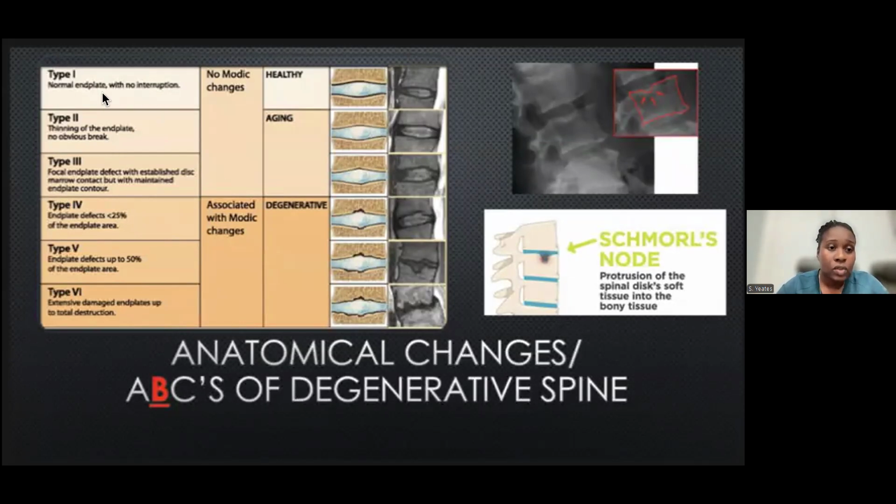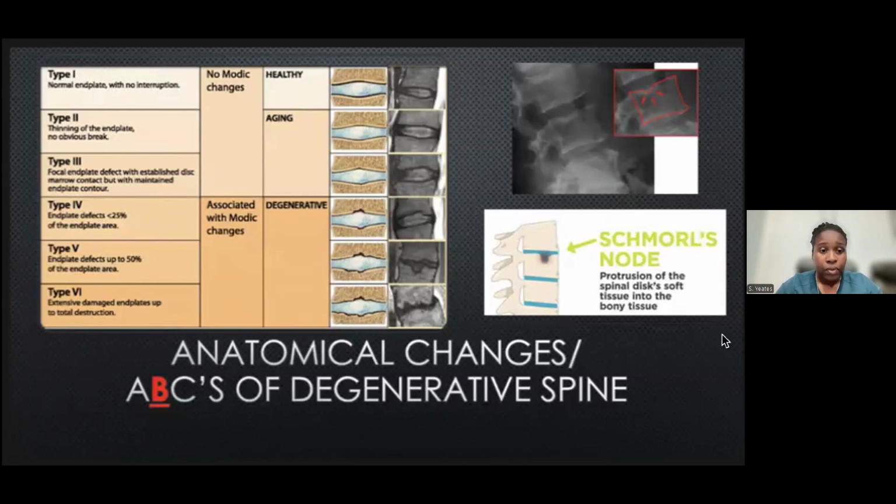Type 1 is a normal end plate with no interruption. Type 2 indicates a thin end plate without obvious breaks. Type 3 denotes an end plate showing focal defects without subchondral bone changes.